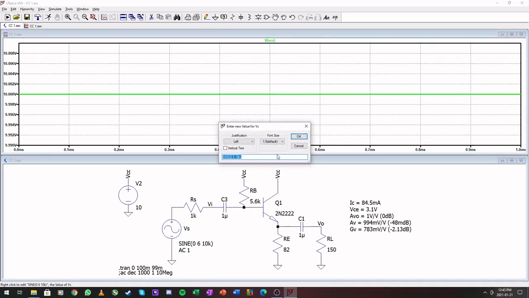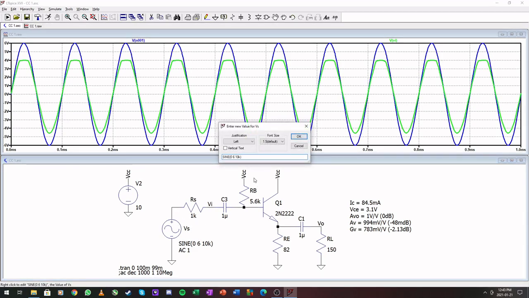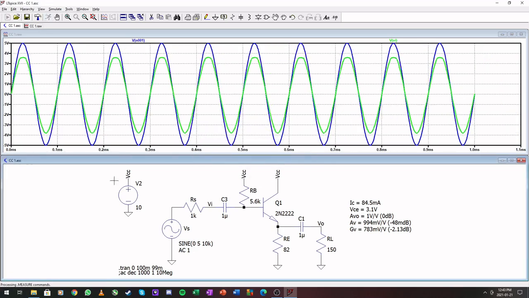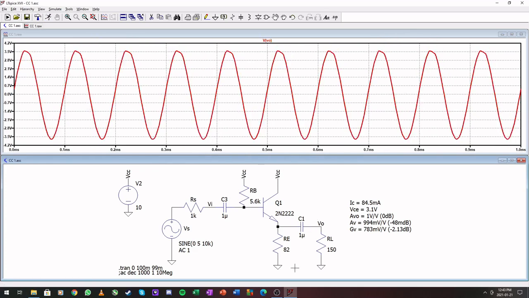Okay, so this will be 12 volts peak to peak. But if we look here, we're not close to 12 or to 10 yet. In any case, having this at 5, we have distortion already. Okay, so your VCE value is very important in terms of what you're trying to drive.